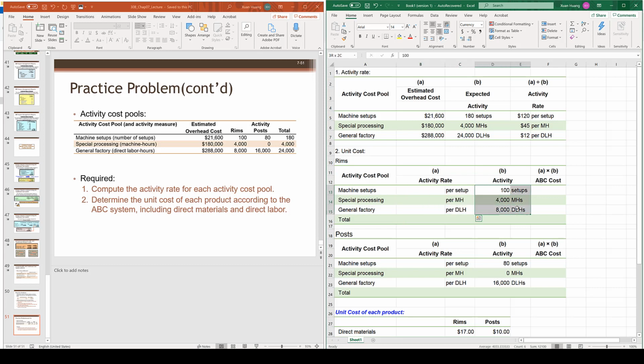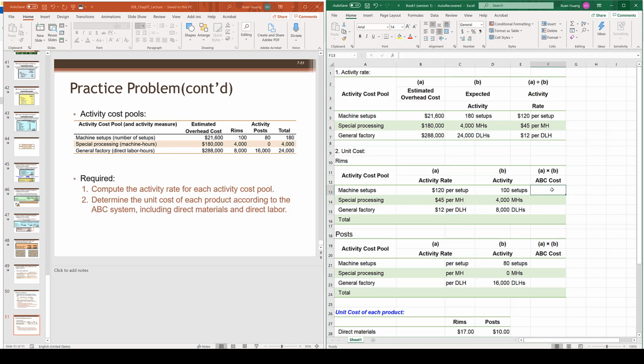Now, based on the actual level of activity consumed in each activity cost pool, we can assign cost using the ABC system to rims. Let's first put the activity rate here. We've just calculated $20 for machine setups, $45 for special processing, and $12 for general factory.